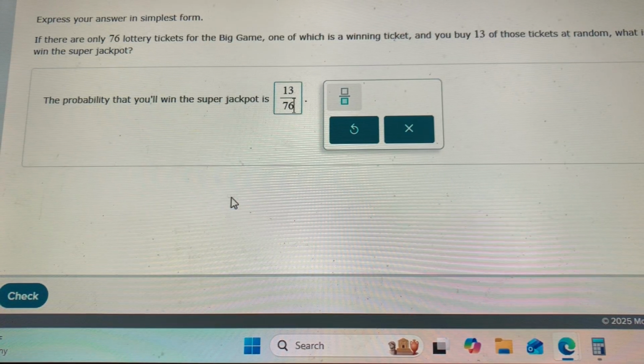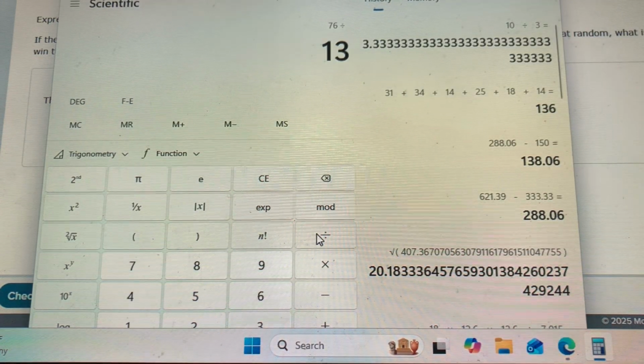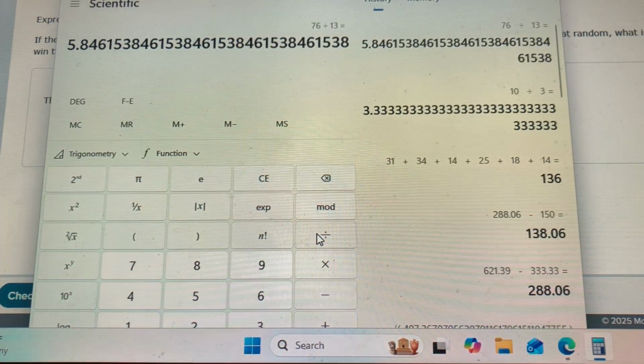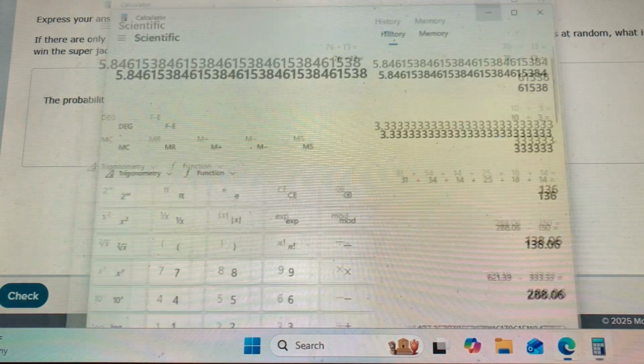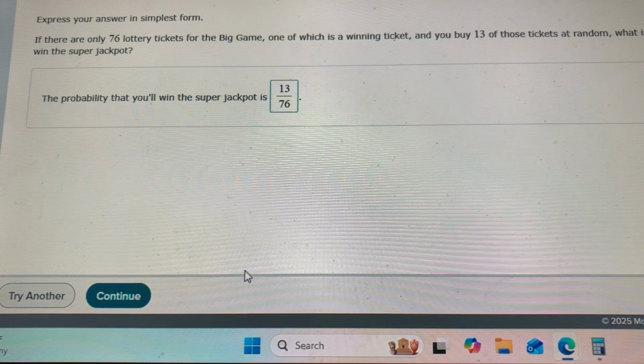Now 13 is a prime number, so it only divides by 13. So if 76 divides by 13, then we have to reduce this. But if 76 does not divide by 13, then it doesn't reduce. So does 76 divide by 13 evenly? No, it doesn't. So that means this fraction doesn't reduce. 13 out of 76.